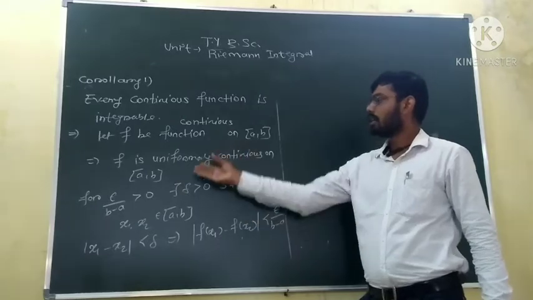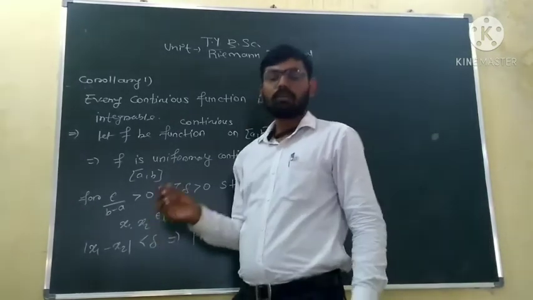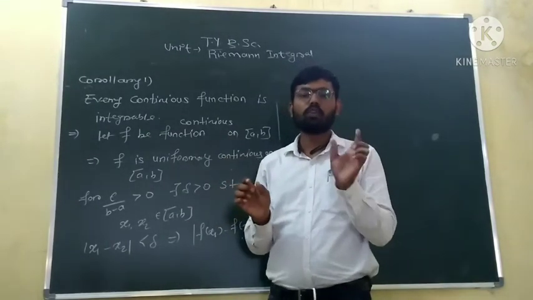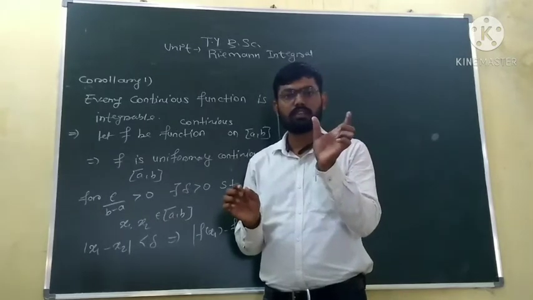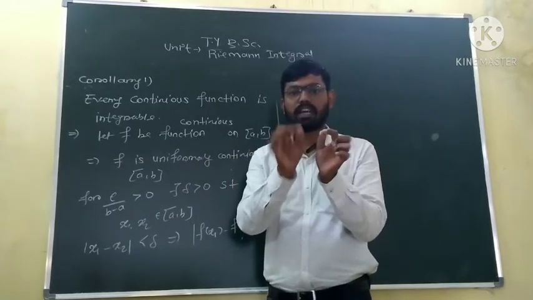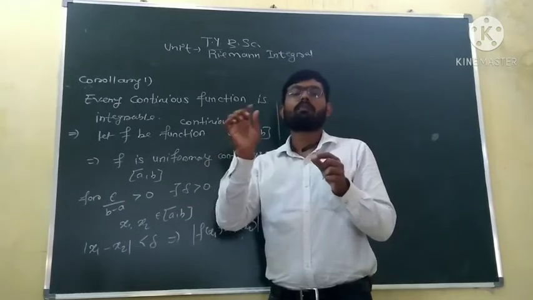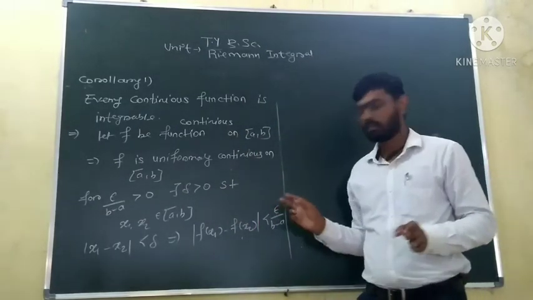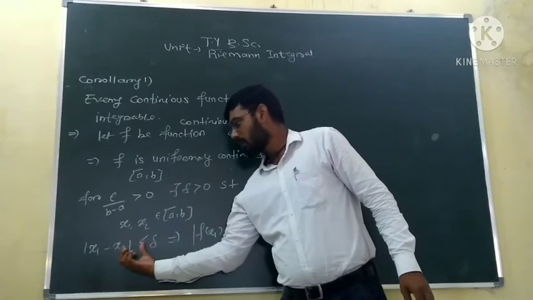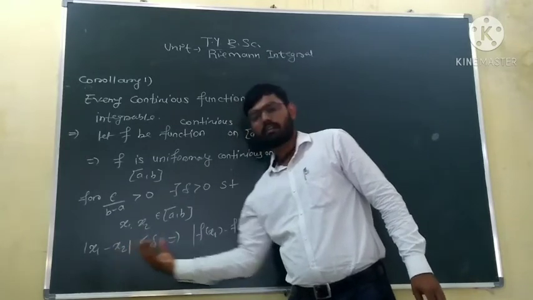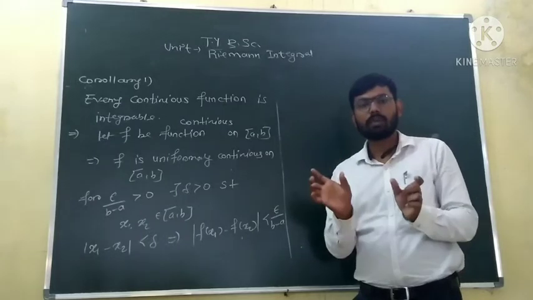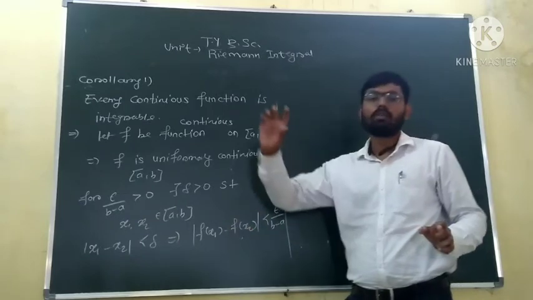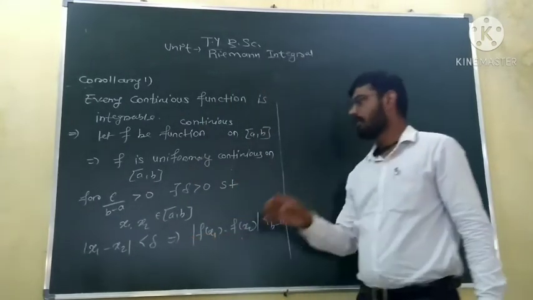Generally, it means that if the difference between two points is small, the difference between the values of the function is also very small, so the values of the function do not jump very high. This is a uniformly continuous function.